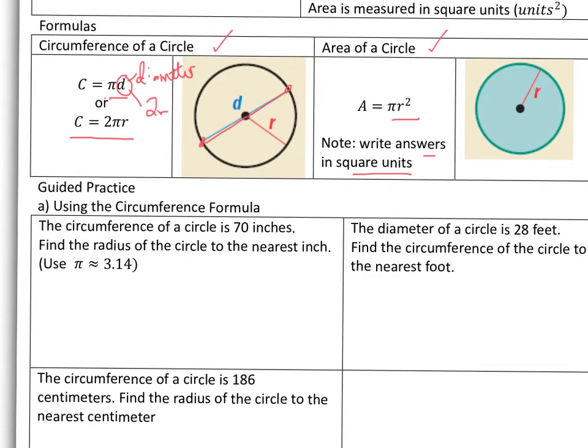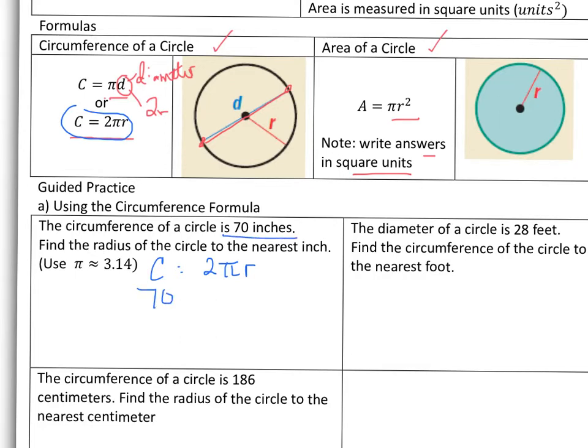Guided practice. Now, let's use the circumference formula for the following problems. The circumference of a circle is 70 inches. Find the radius of the circle to the nearest inch. So, I would like to use this formula here. C equals 2 pi r. The circumference of a circle is 70 inches.